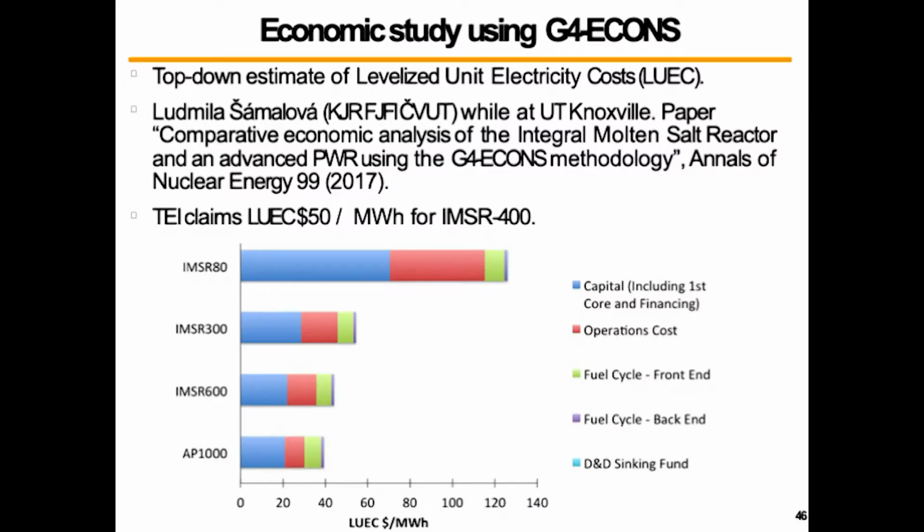I had a student who did economic modeling with a top-down economic methodology called G4ECONS, developed by the Generation 4 International Forum. And we found that the cost of the reactor is roughly on par with what the AP1000 claimed to be, kind of the Chinese costs of AP1000, not the Vogtle costs.